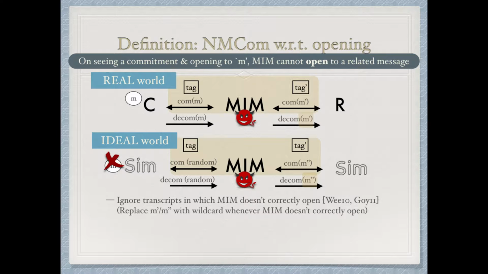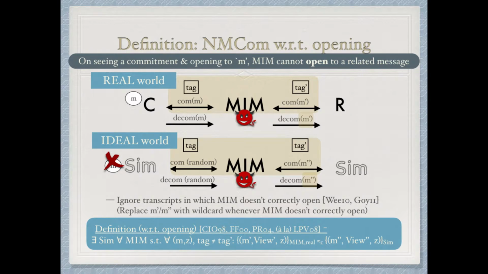So we'll replace this value right here with the wildcard value, which means that we are winning if he decides to not decommit properly. And again, very roughly, the definition says that his view together with the value decommitted, but ignoring these transcripts where he failed to give decommitments, is indistinguishable in the real and ideal worlds.